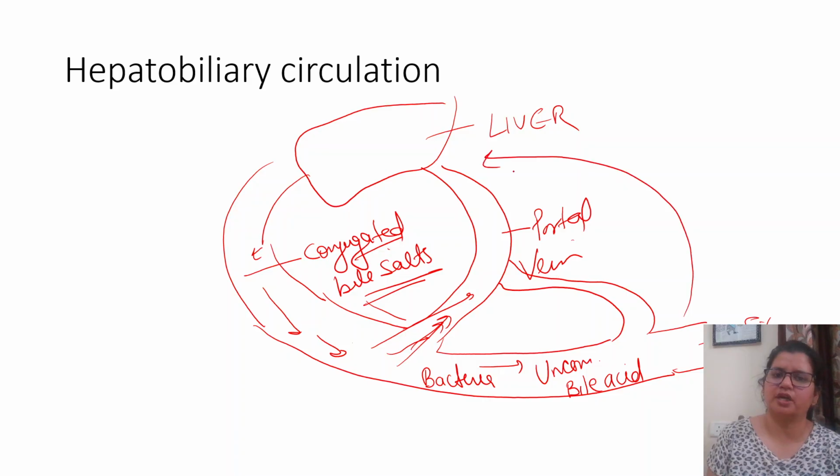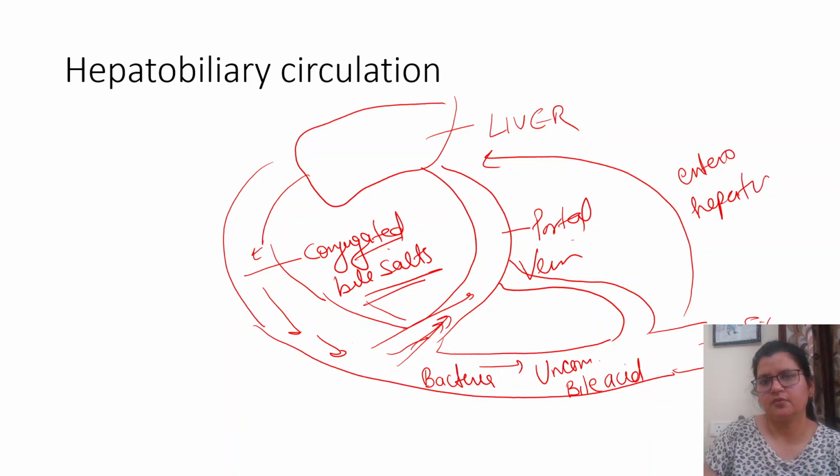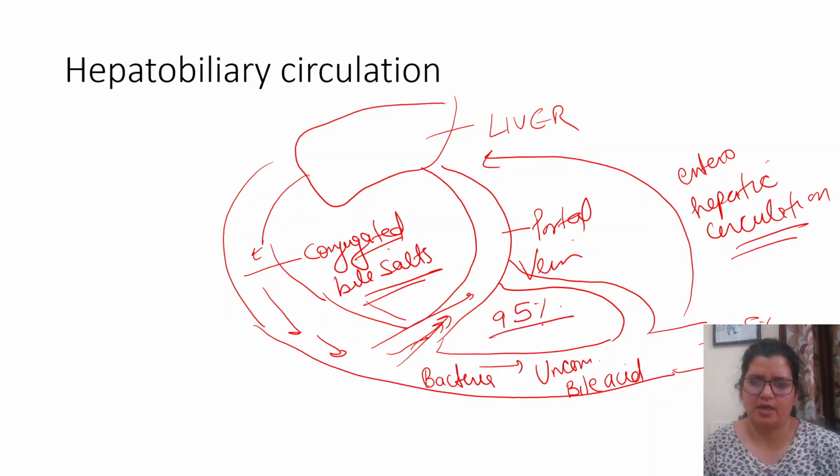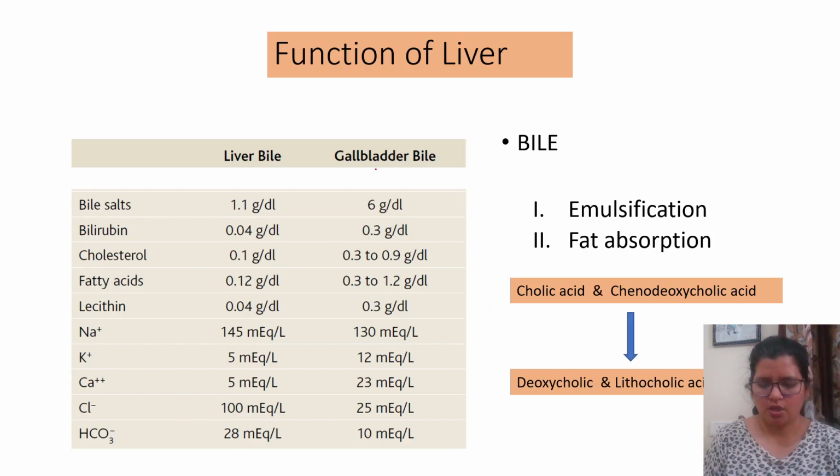This whole process we call enterohepatic circulation, in which 95% of bile acids and bile salts are reabsorbed and 5% is excreted every time. So it is circulated every time, at least 2 times per meal. If we have 3 meals, the bile acid is circulated at least 6 times. So this is all about enterohepatic circulation.